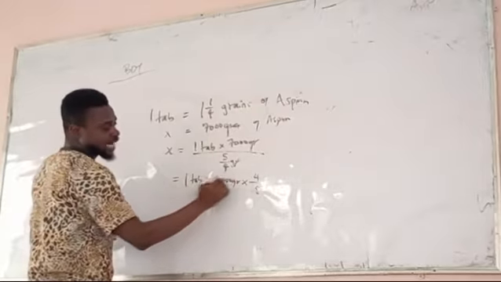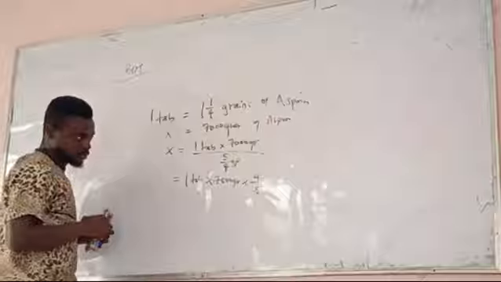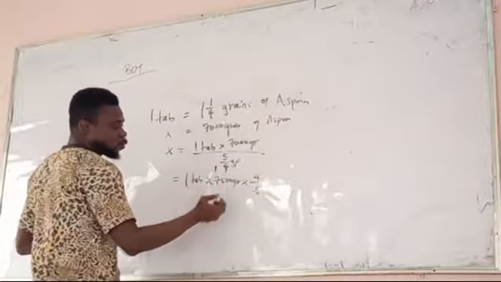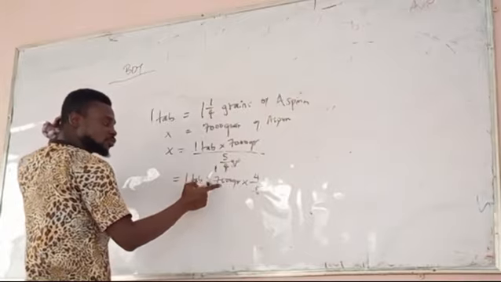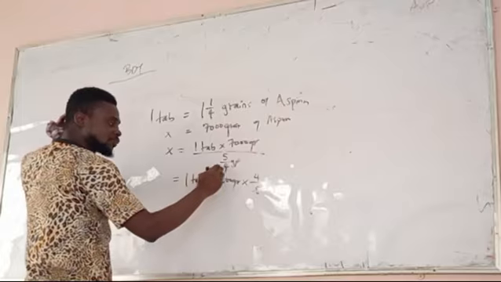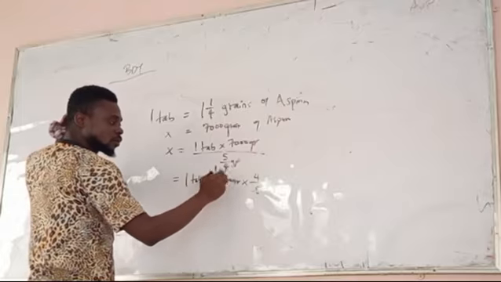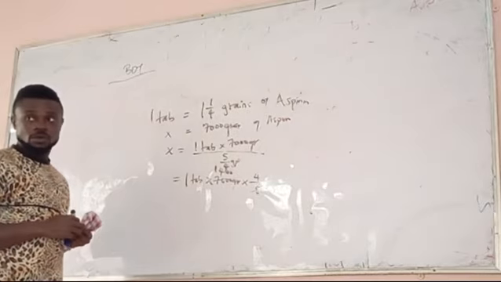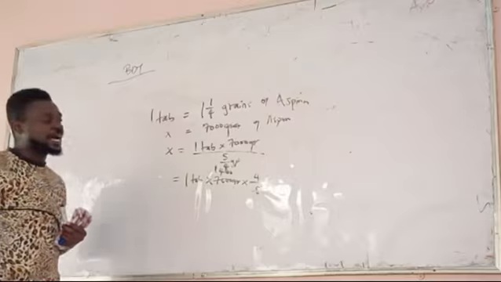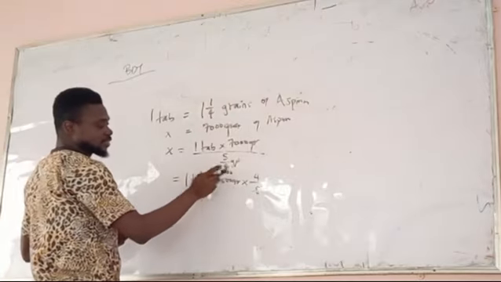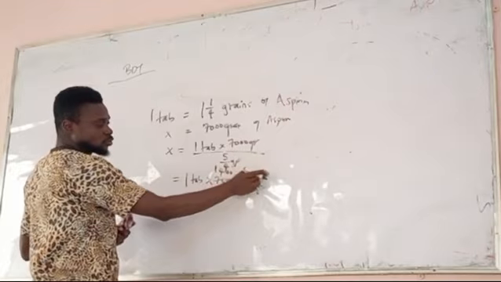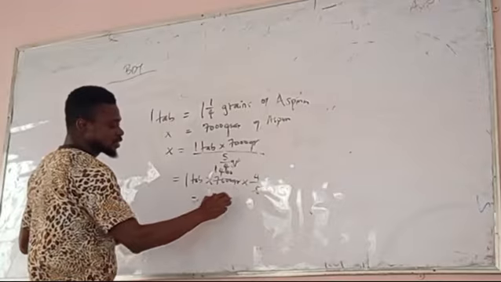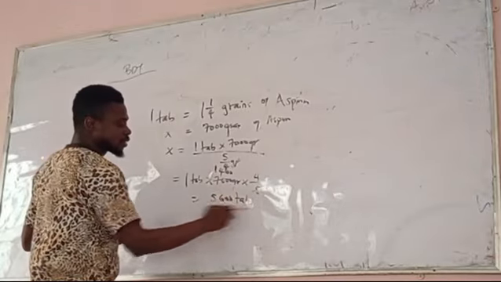5 divided into 7,000 is 1,400. So we multiply out. 1,400 times 4 gives us 5,600 tablets.